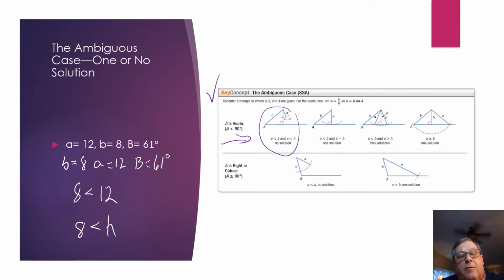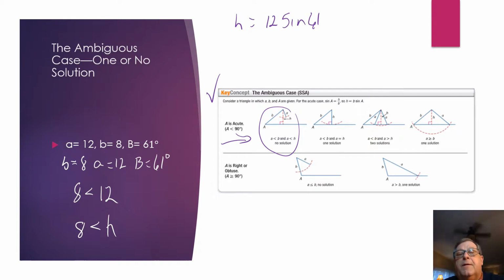So we're going to see how side b relates to the height of this triangle. Now, you may be asking, how do I determine the height? Well, the height is equal to the sine of the angle we know, in this case 61, times the other side, not the side opposite 61, but the other side, and that's 12.